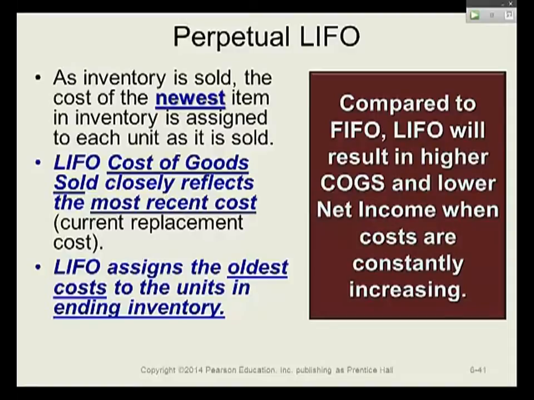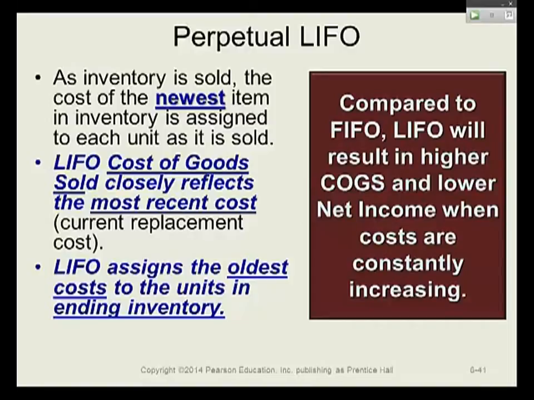It means that you assign the most recent cost to the cost of goods sold. That means in a period of inflation, you could deduct the highest prices that you have in your inventory, and that gives you the lowest taxable income. So it has gained popularity because of tax usage, but in reality, it doesn't have much practicality in most businesses.